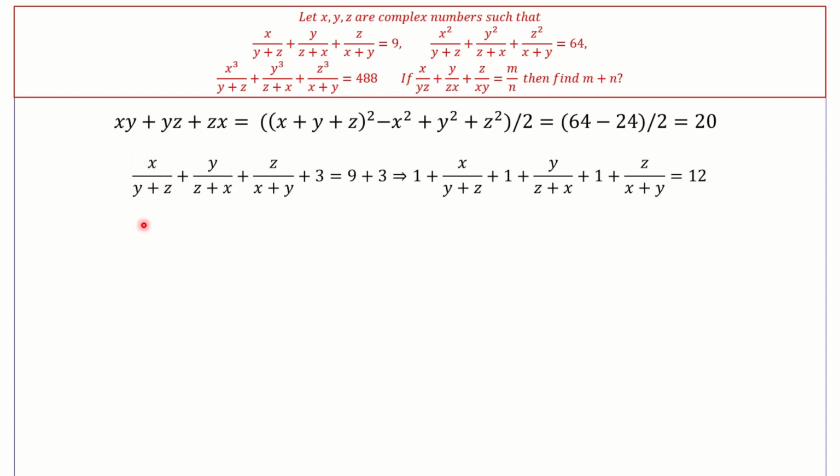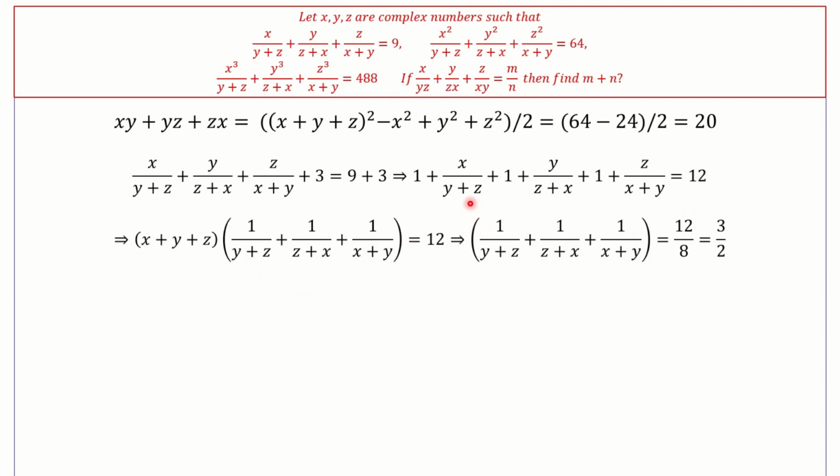Now given this equation, x by y plus z, that is the first equation I am taking, and I'm adding 3 on both sides, LHS and RHS. Why I'm adding, I can call it 1 plus x by y plus z, 1 plus y by z plus x, basically I'm adding 1 to each term. It is equal to 12.